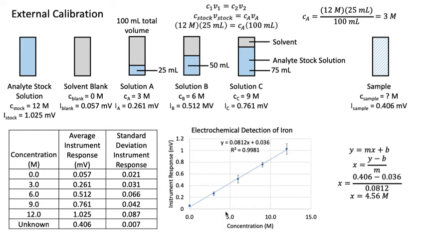Now because I'm calculating for the concentration, I have to rearrange the equation to solve for x, and then plug in my values for the y value, the intercept of the line b, and the slope of the line m.